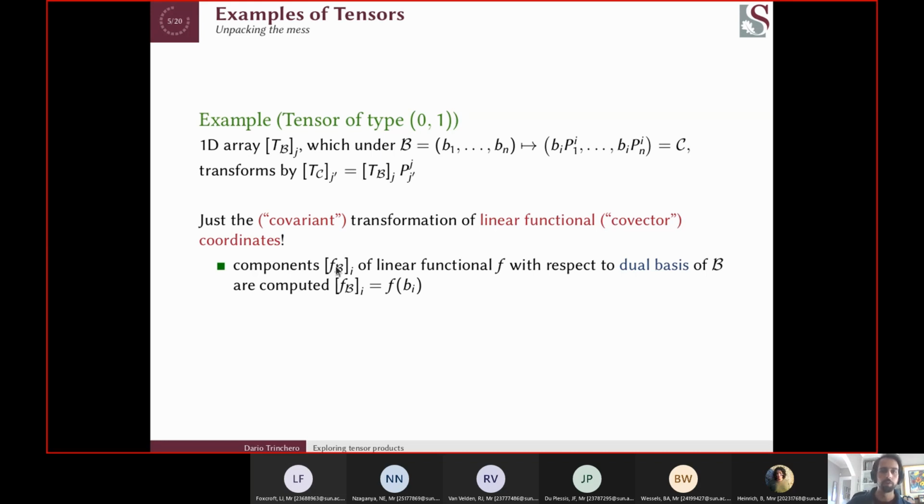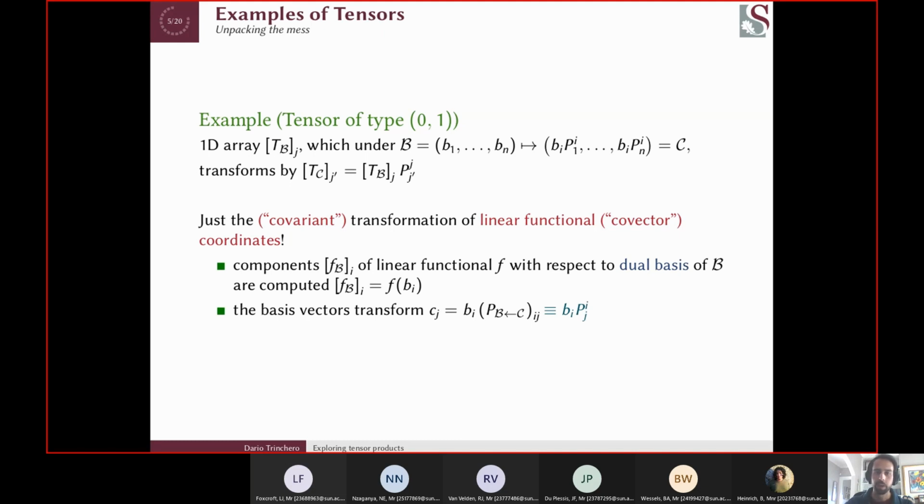So the components, remember, of the linear functional with respect to the dual basis are computed like this. Each component is the linear functional applied to the respective basis vector. Right? If you think about the definition of the dual basis in terms of that Kronecker delta, this is how you'll get the coefficients on those indicator functions.